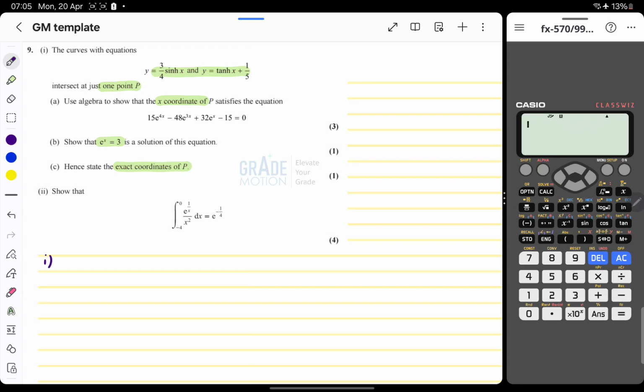question 9 part 1A. Okay, now we want to find the intersection. Whenever we want to find an intersection, we have to equate the two equations. So 3 over 4 sin x is equal to tan x plus 1 over 5.